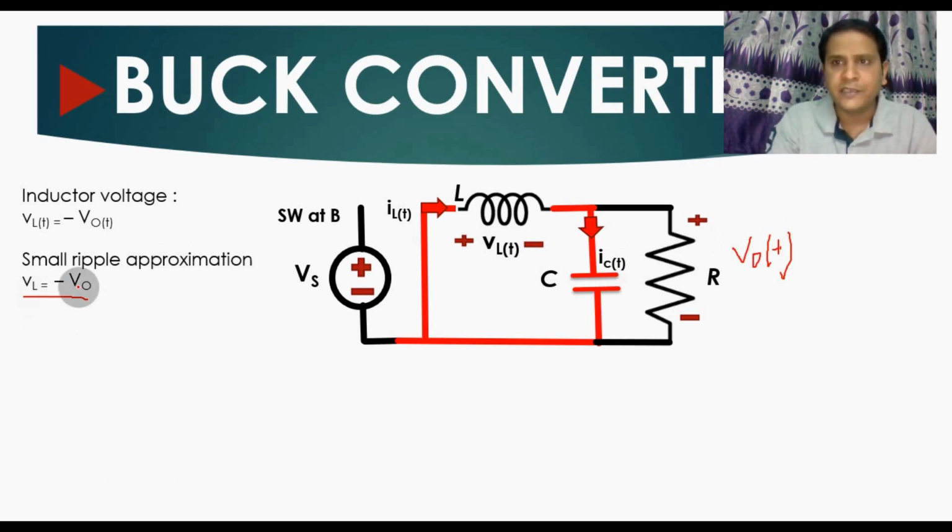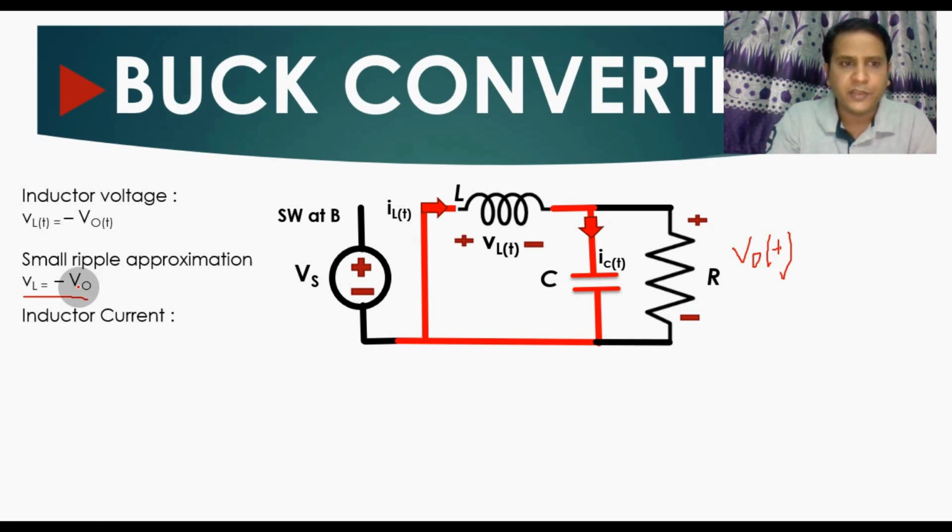So you can understand that during the turn off time of your switch, when your switch is at position B, the voltage across the inductor is minus Vo. That means the voltage across the inductor is the output voltage, right?